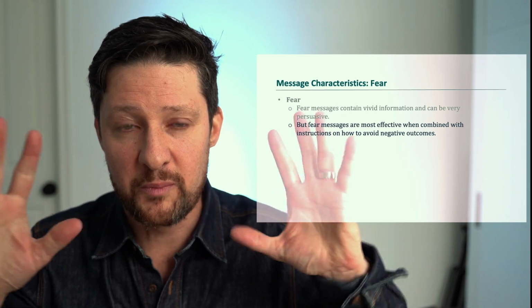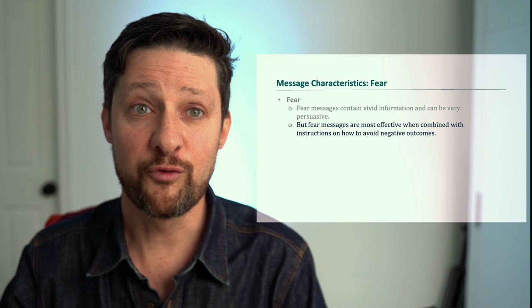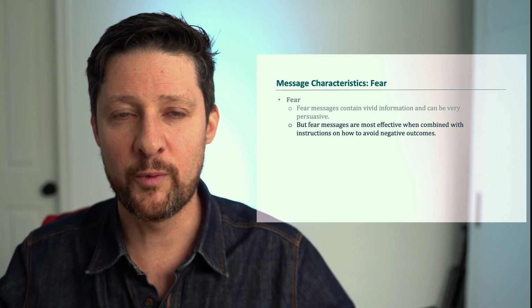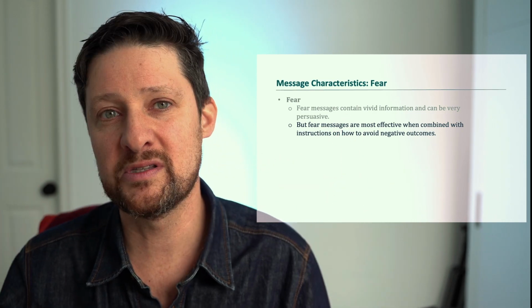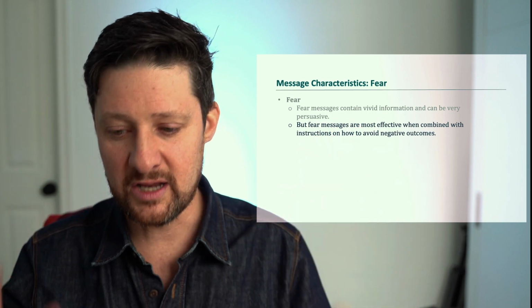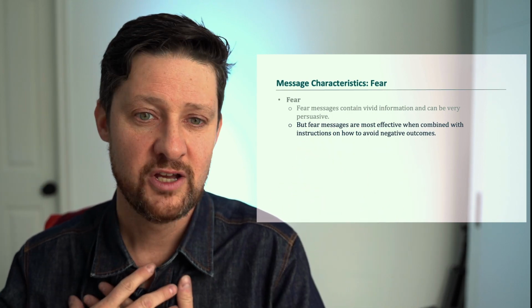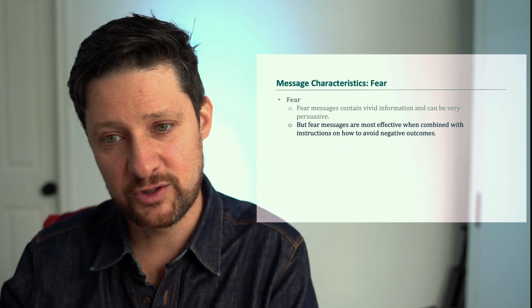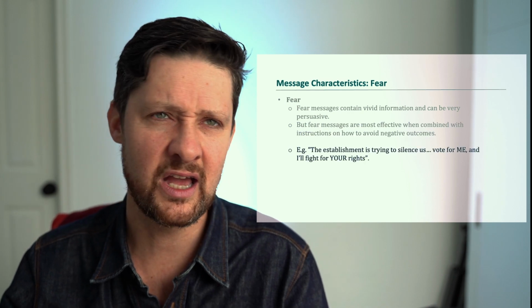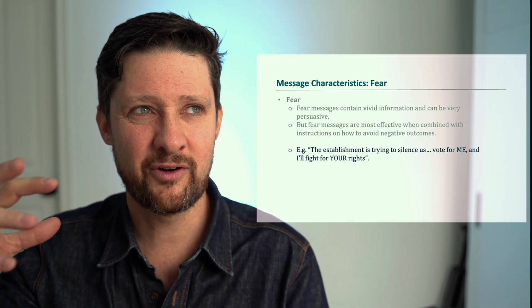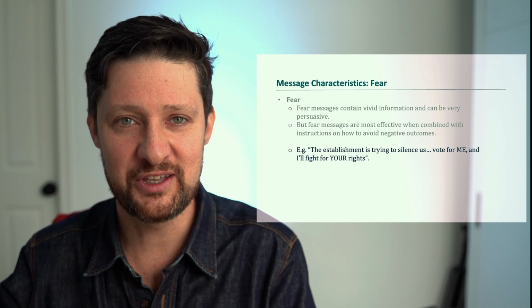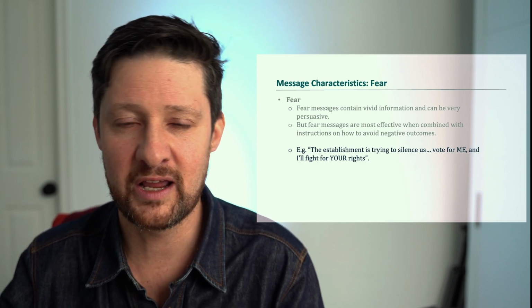And so that's the fear component. Now, if you want to avoid a war against Iraq, or avoid the weapons of mass destruction raining down on us, then vote for me. So those are instructions on how to avoid the outcomes. And that's a very vivid example of the use of fear and vividness.